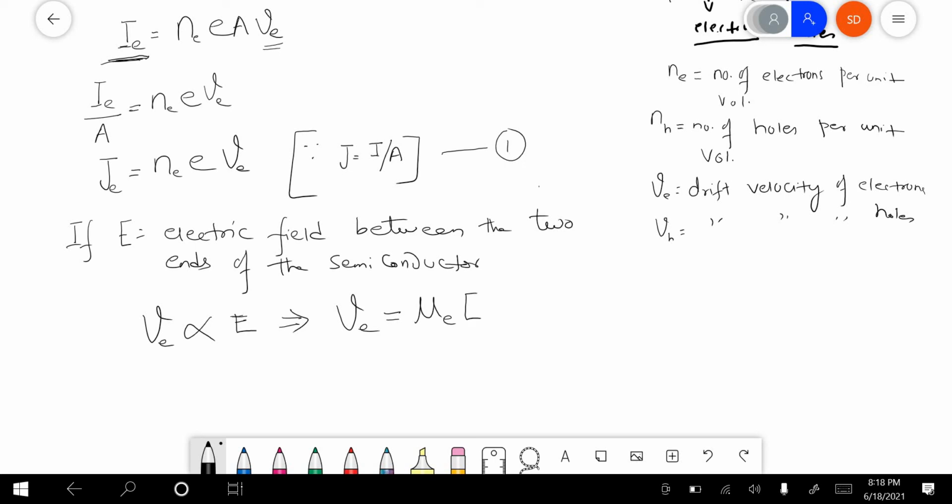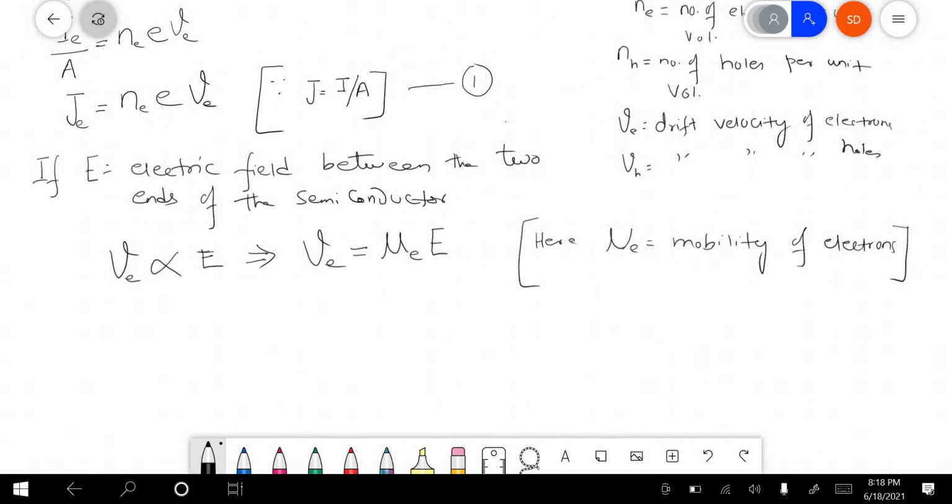Here mu e represents the mobility of electrons. Mobility in general terms means how easily the electron can move. Now this is equation number 2.